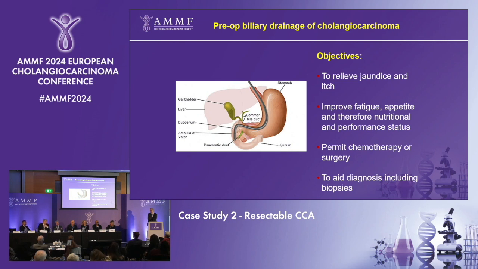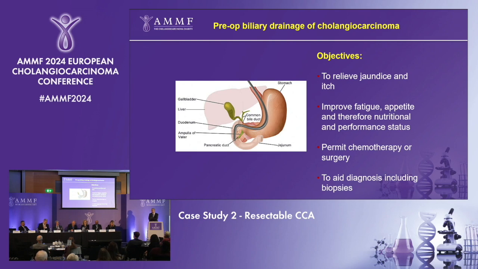The level which the bilirubin has to reach before we decide that preoperative biliary drainage is necessary varies from centre to centre. There are some surgical centres where patients will go forward for primary surgery if the bilirubin is less than 100 or less than 50. In the real world, that's often difficult because with a patient with a bilirubin of 100, you often find there's an accelerating deterioration in the following week or two, and 2 weeks later the bilirubin is 350 as they come for their preoperative blood tests, and their long-awaited, very precious operative date is then cancelled.